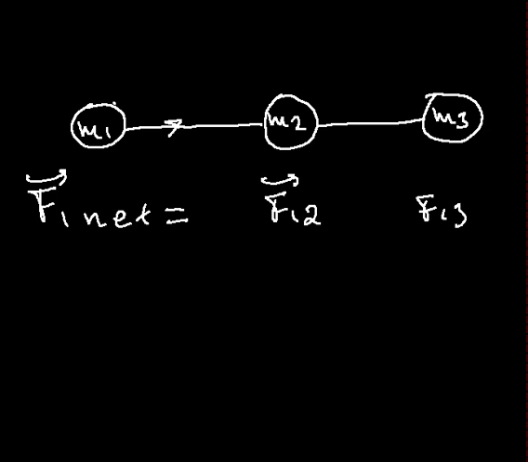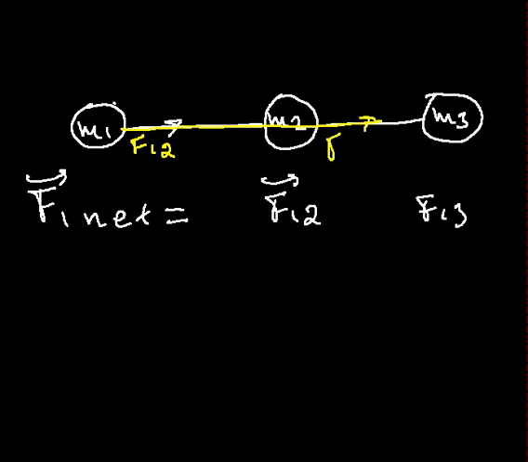And how about F13? The principle remains the same. The force will emanate from the parent mass, which is mass 1, and it will be towards this mass because the force is attractive.